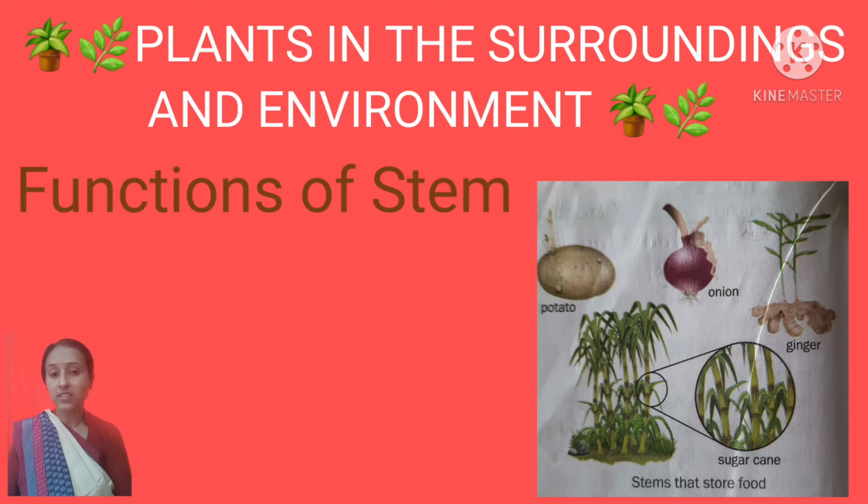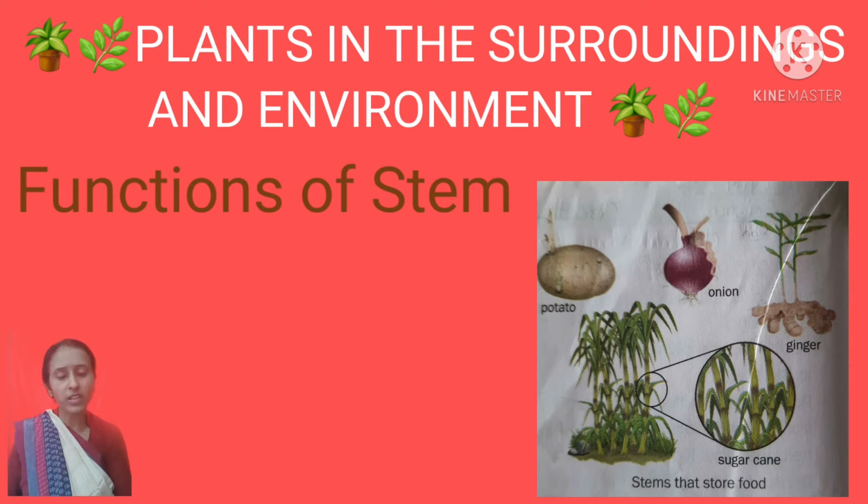So let's discuss the functions of stems. The main functions of a stem are the following. The first one is the stem carries water and minerals from the roots to the leaves for making food. This is the main function. It transports food from the leaves to the other parts of the plant.